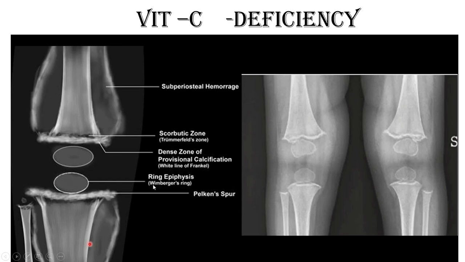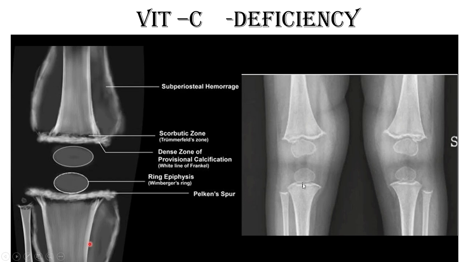This is called the Wimberger sign or ring epiphysis sign. And in the lateral end, where the zone of provisional calcification occurs, there will be a spur. This is called the Pelkan spur.